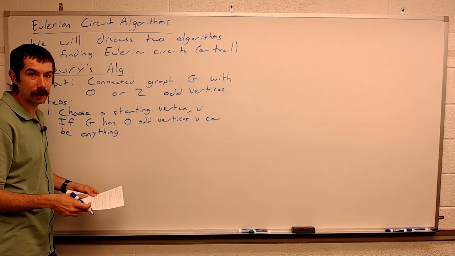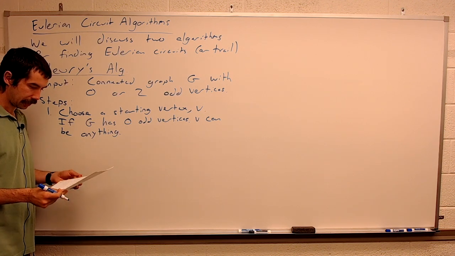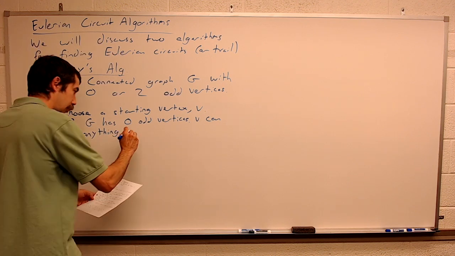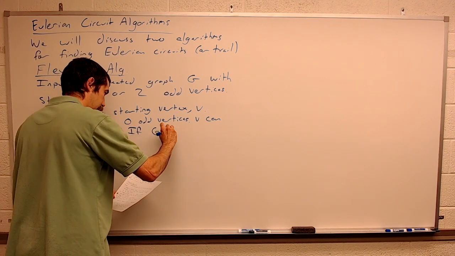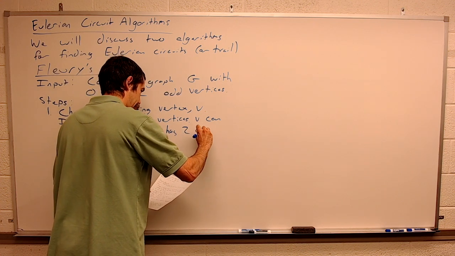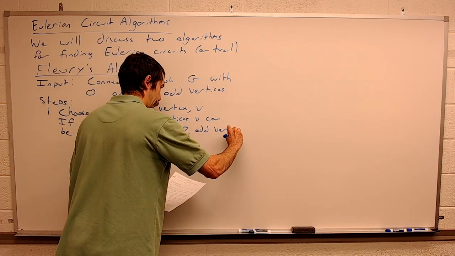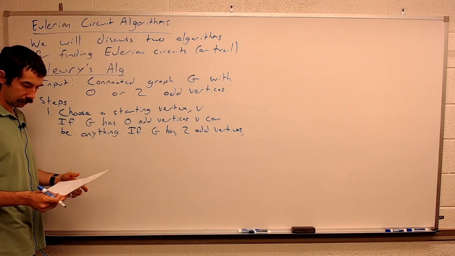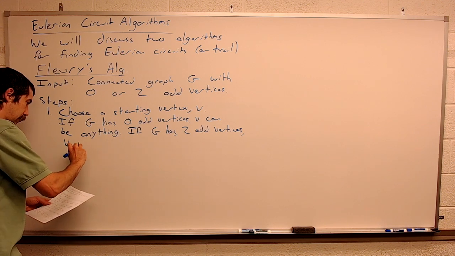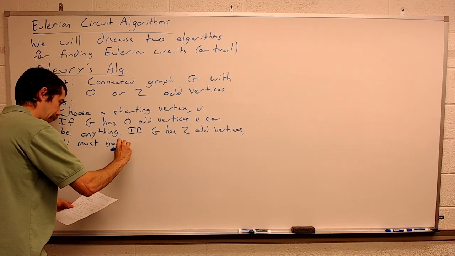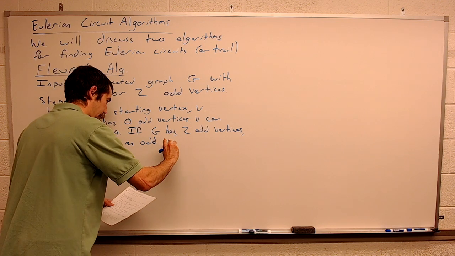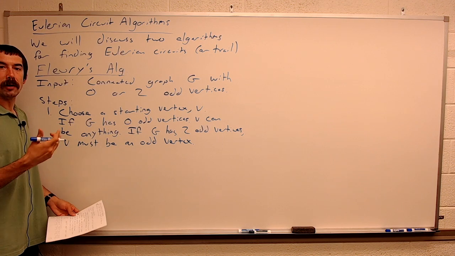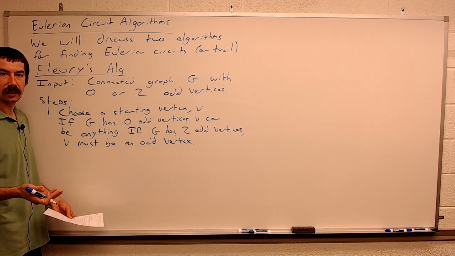All right, it's literally up to you what you want V to be if we have no odd vertices. If G has 2 odd vertices, V must be one of the odd vertices. All right, so in order to complete this first step, we should find the degrees of each of the vertices in our graph.